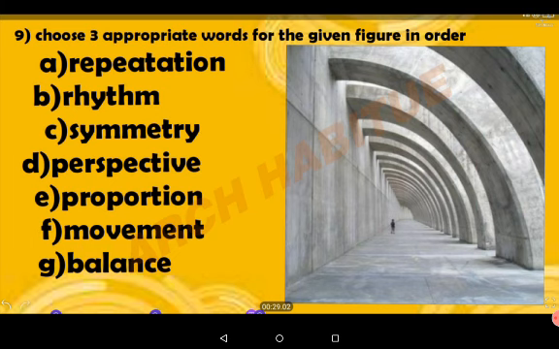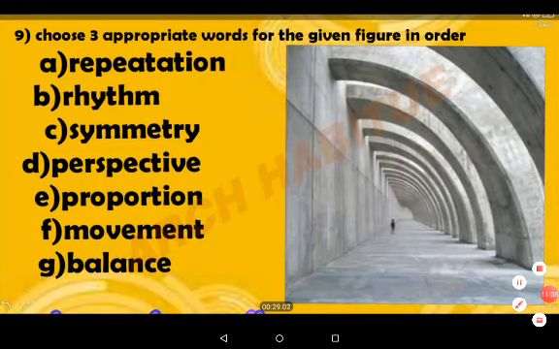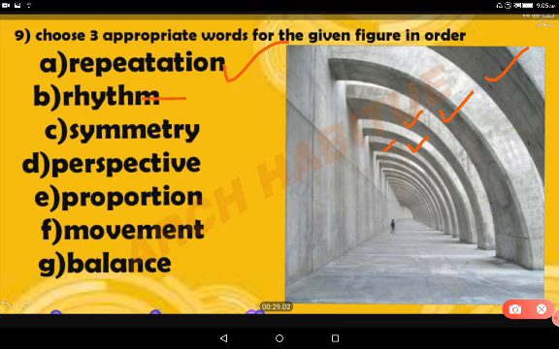Now this is our ninth question. We can see throughout the repetition in the figure. Yes, repetition of these things like buttresses, flying buttresses. It's not flying buttress, but it's like that. So there is repetition. We can see much rhythm. There is no symmetry at all.